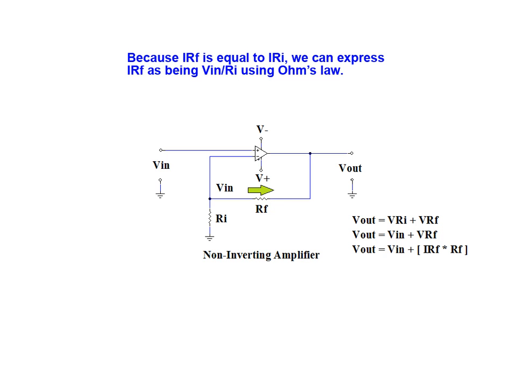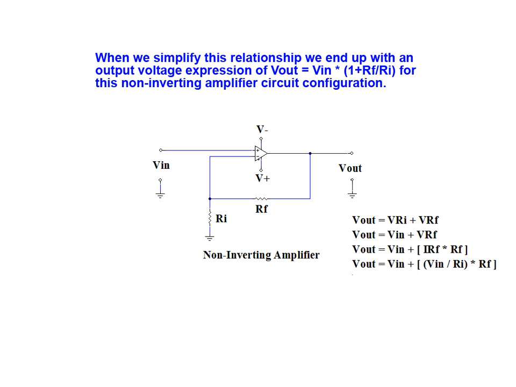Because IRF is equal to IRI, we can express IRF as being Vin over Ri using Ohm's law. When we simplify this relationship further, we end up with an output voltage expression that is Vout equals Vin times 1 plus Rf over Ri for this non-inverting amplifier circuit configuration.